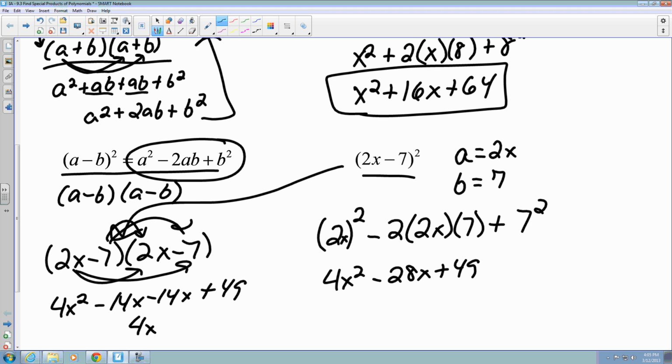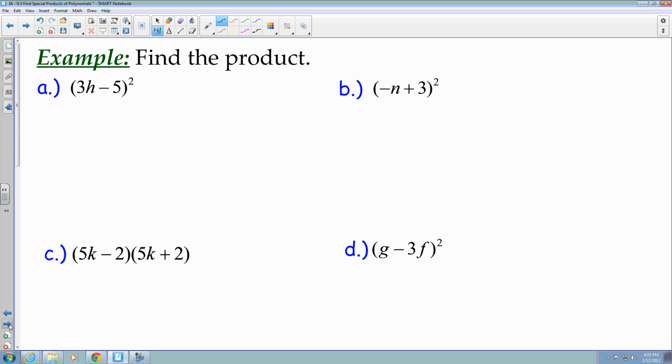So I got 4x squared, I got like terms here, minus 28x plus 49. See, these two are the exact same thing. Two different ways of solving it, still getting the same solution. Again, it's just how you prefer to solve these different expressions.